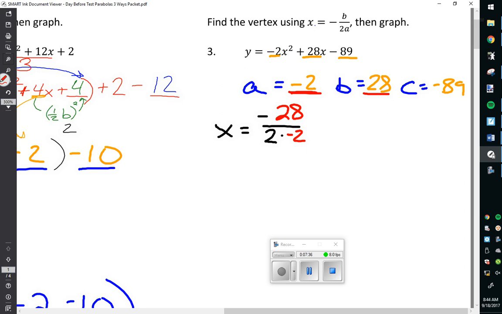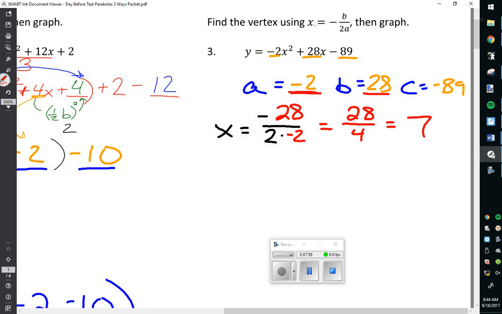We got a negative on top and a negative on bottom, so I know it's going to be positive. I always multiply across the top and across the bottom first, so it's 28 on top and it's 4 on bottom. 28 divided by 4? 7. That's my x value.